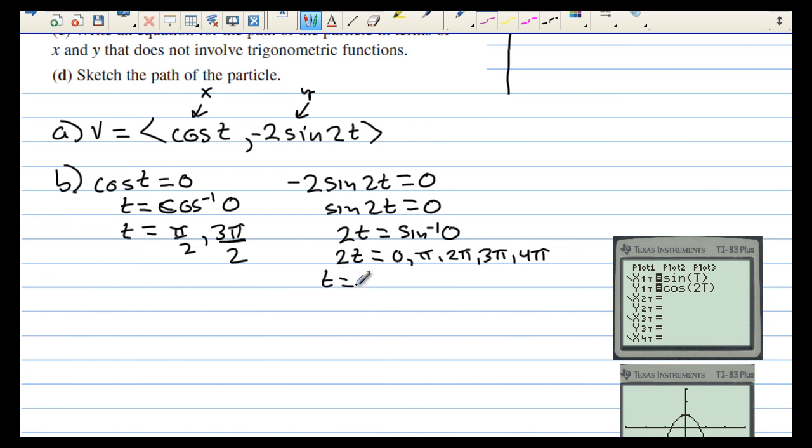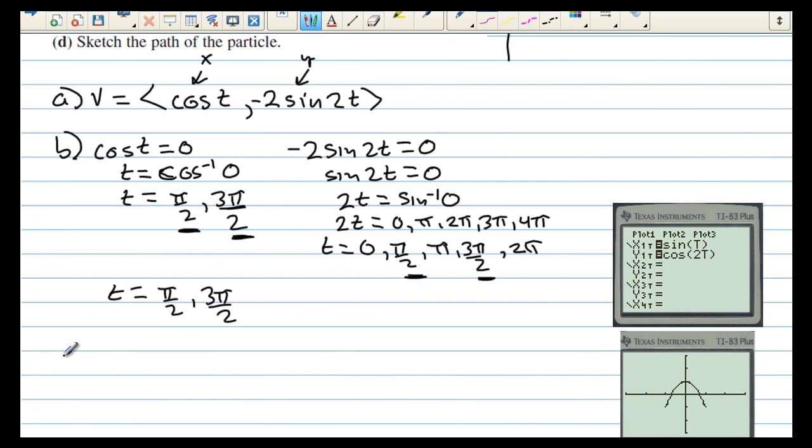So t equals 0, pi over 2, pi, 3 pi over 2, and 2 pi. So the two that match, where both the x and the y are stopped, are when t is pi over 2 and 3 pi over 2.